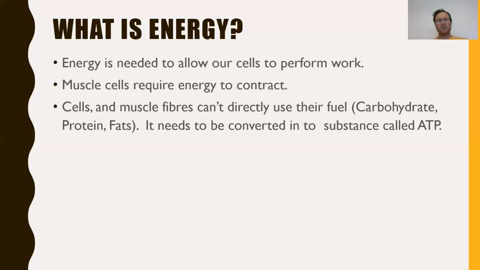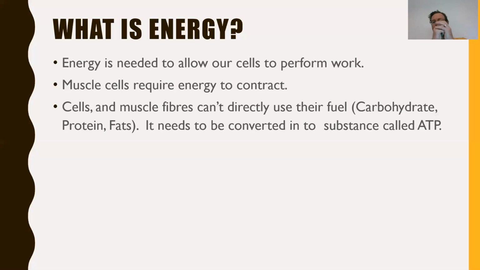Cells and muscle fibers can't directly use their fuel. If you think about what we eat, we only really get calories from carbohydrates, proteins, and fats. Water doesn't give us any calories or energy. Everything else is made out of these: carbohydrates, proteins, and fats. This is our fuel, and we have to use that fuel to create an energy currency that our body can use.